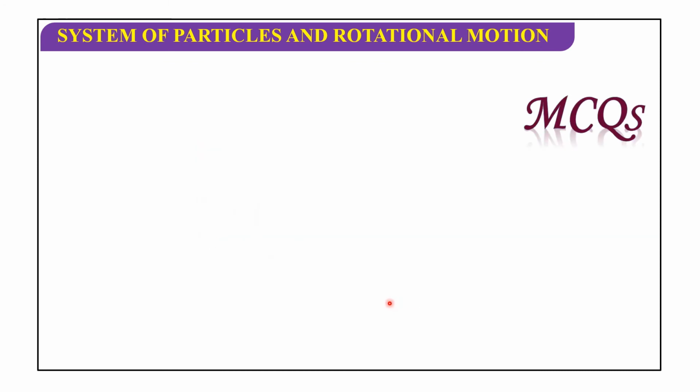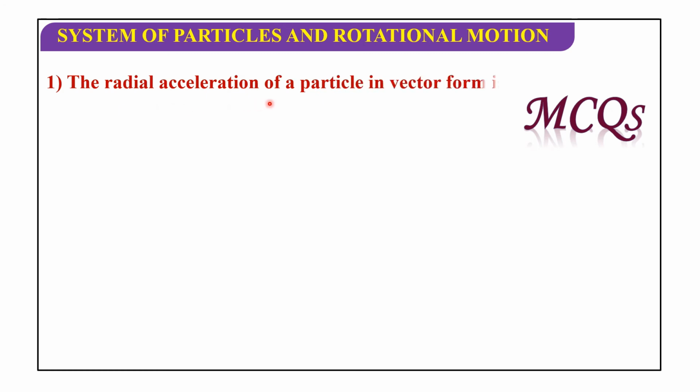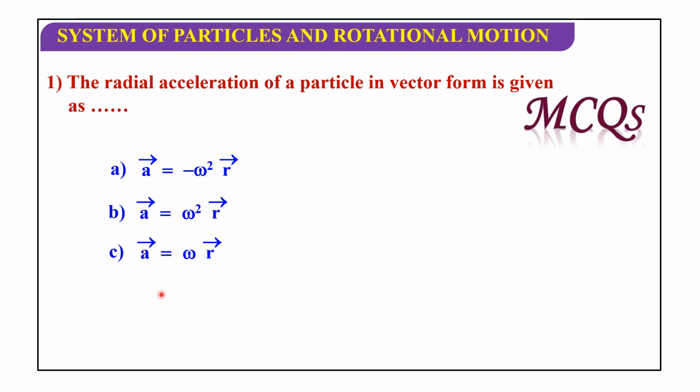Now let us discuss MCQs. The radial acceleration of the particle in vector form is given as: A bar is equal to minus omega square r bar, or A bar is equal to omega square r bar, or A bar is equal to omega r bar, and D option is A bar is equal to minus omega r bar. So the radial acceleration of the particle in vector form is given as A bar is equal to minus omega square r bar.